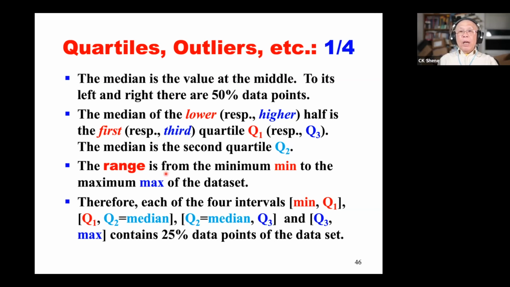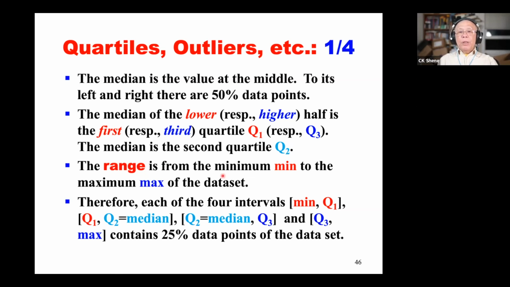So to your left, you have 50%. The median of this lower left is Q1. Now, move to the right 50%, you'll find the median of this higher 50%. That median is referred to as Q3. Therefore, we have Q1 less than or equal to Q2, which is less than or equal to Q3.